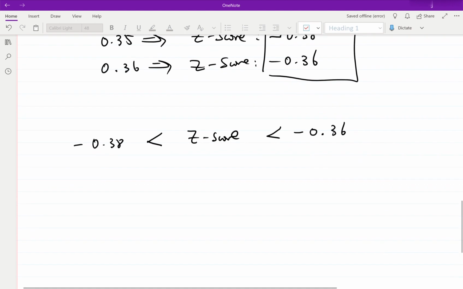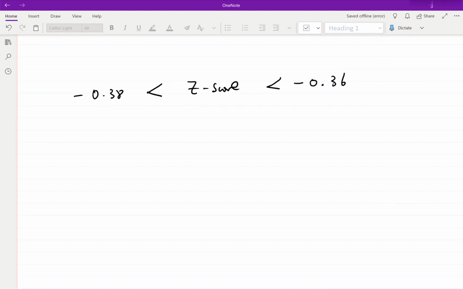Now we're ready to get back to the original score. Remember the formula we used to get the Z score is z equals x, the original number, minus the mean, and then divided by the standard deviation.